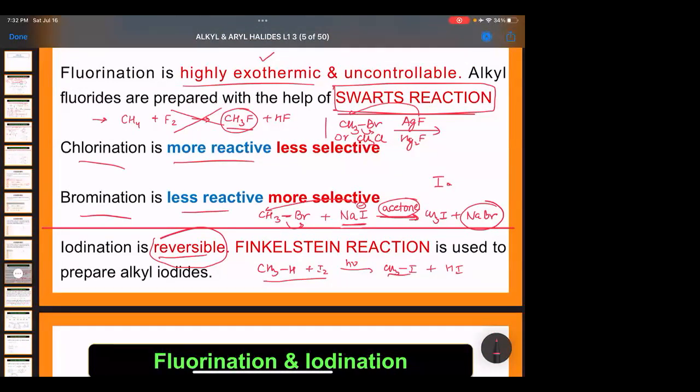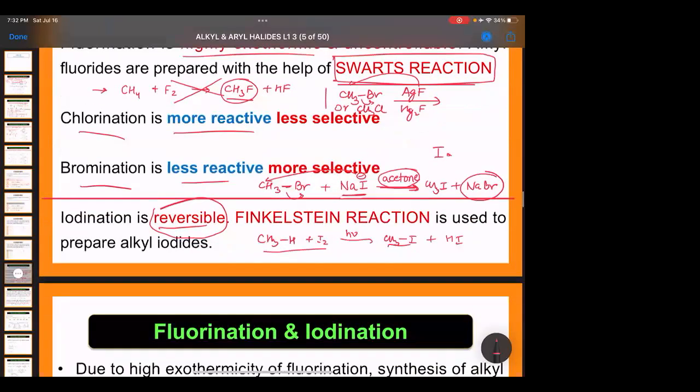It means what? It means it is more selective. If it is less reactive, it is going to react only with those hydrogens which are more reactive, which can break very easily. So I should say it is more selective in nature, right? Have you understood?